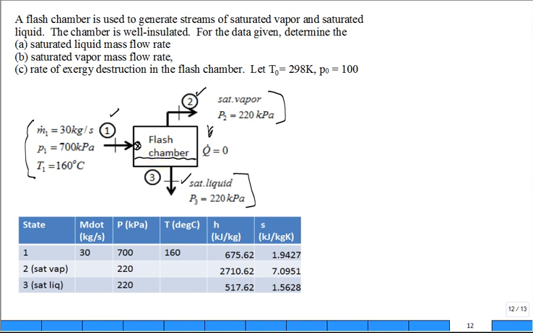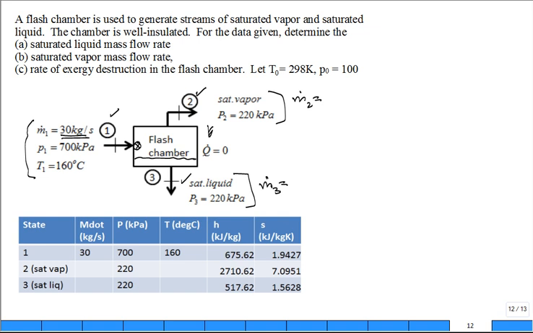If it comes in as liquid, it still is liquid when it goes out. So most of this 30 kilograms per second is still going to go out. So the mass flow rate of 3 can't be greater than 30 kilograms per second, but it could be like 25, 27 kilograms per second, leaving a much smaller amount going out as a vapor. Flash meaning some of it went into the vapor.